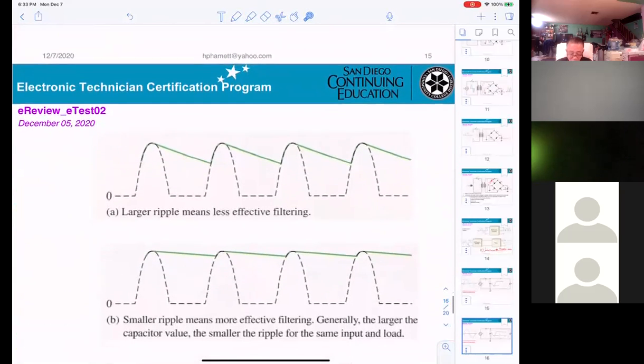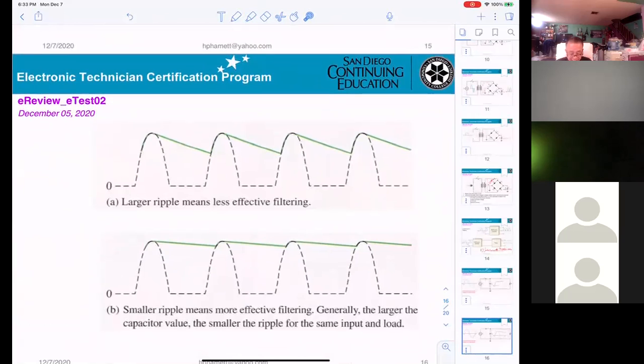See a little more. Okay, so this is a larger ripple, which means less effective filtering. That means the filter is not good. So that's why you get a bigger ripple. However, a smaller ripple means more effective filtering.